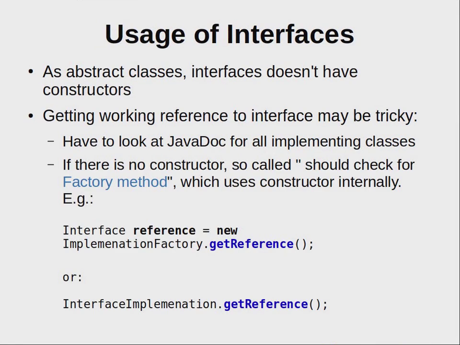Another thing is that because interfaces are abstract classes, there are no actual instances of objects of these interfaces. And in some programming languages, like more modern Java versions, there may be so-called default implementations of interfaces.